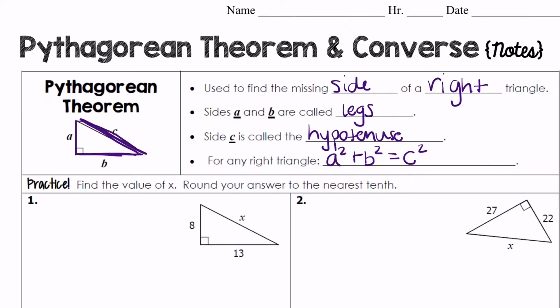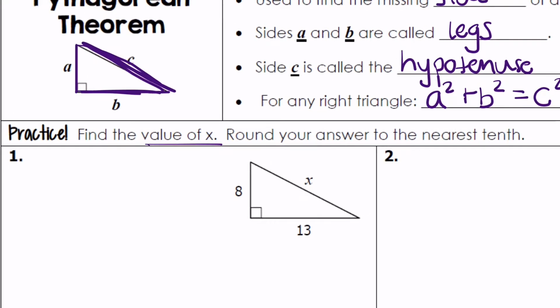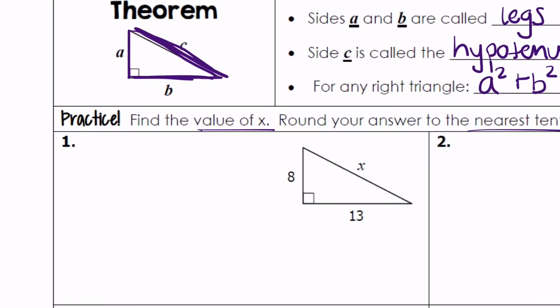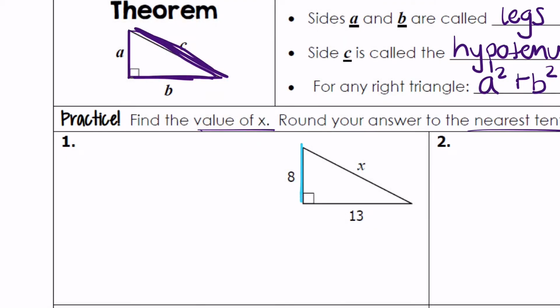All right, so let's look at a couple examples of this. We want to find the value of x and round our answers to the nearest tenth. Looking at number one, I'm given both legs. It doesn't matter which one's A or which one's B, but all you do is plug these values into the Pythagorean theorem and solve for C. C is always the hypotenuse.